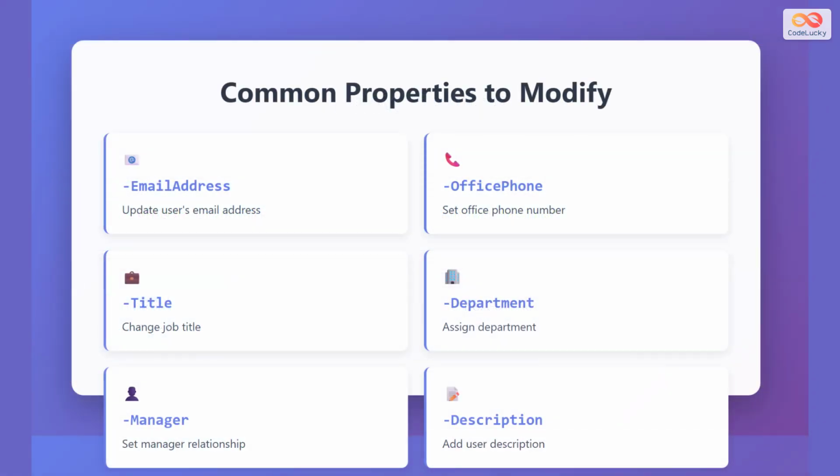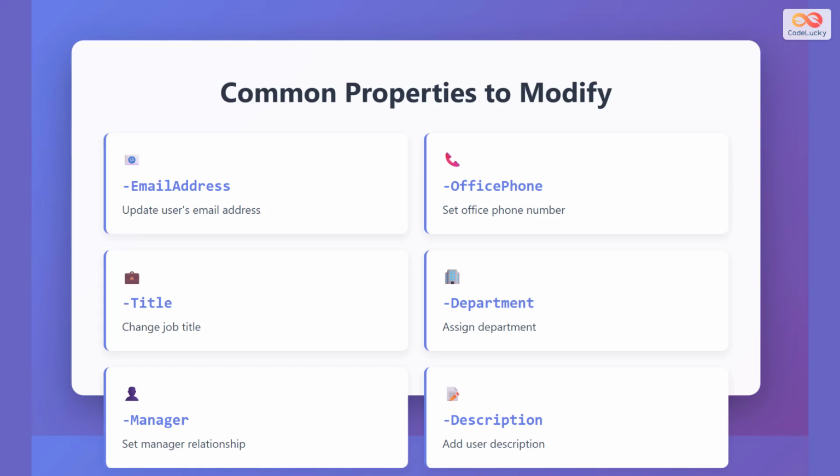There are several commonly modified properties when working with Set-ADUser. The -EmailAddress parameter updates the user's email address in Active Directory. The -OfficePhone parameter sets or changes the office phone number for the user. The -Title parameter modifies the user's job title.